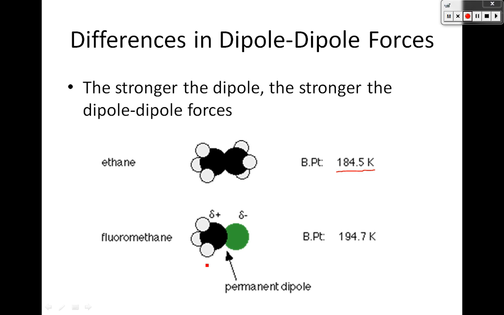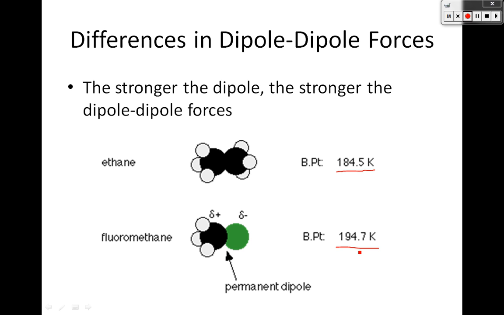Compare that to fluoromethane, which clearly has a dipole. It's clearly polar, because here we've got fluorine instead of another carbon with three hydrogens. Fluorine, we know, is our most electronegative atom, so this ends up with the negative charge, and this side ends up with the positive charge. Notice that the boiling point is more than 10 degrees higher than ethane, even though they have about the same molar mass and about the same shape.